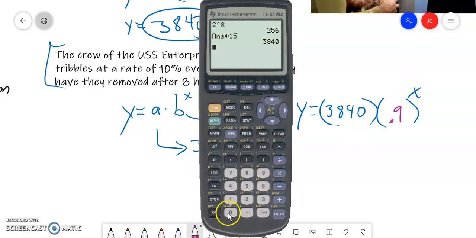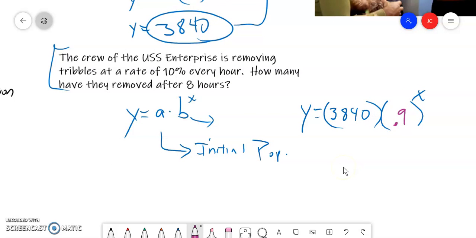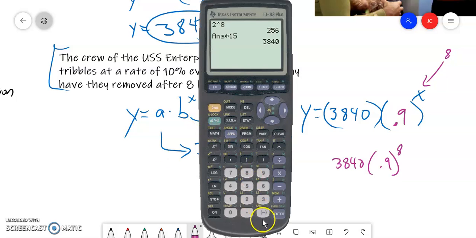Okay, so this just is a calculator problem. We need to plug in 8 right here, so we need to substitute 8. So 3,840 times 0.9 to the 8th power. Let's see how many tribbles are left after 8 hours of 10% removal. So let's do 0.9 caret and then 8.